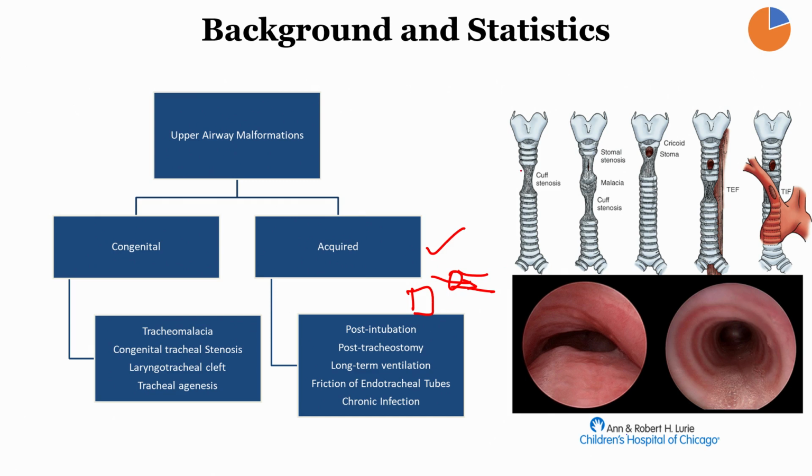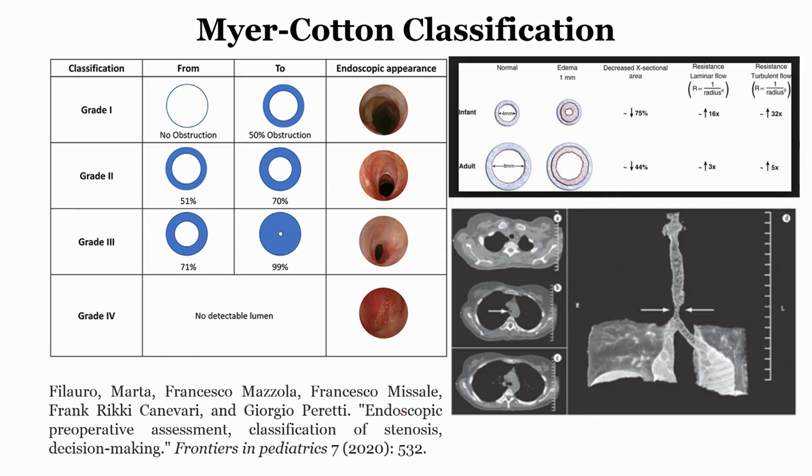Because of intubation, the tube exerts a pressure on this organ, and it loses its mechanical properties. So, post intubation tracheostomy is a surgical procedure, and then long term ventilation, friction because of the tubes, or it could be internal, that is chronic infection. So, the root causes are many.